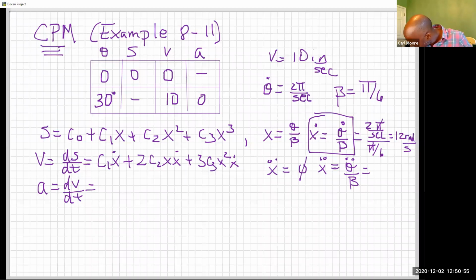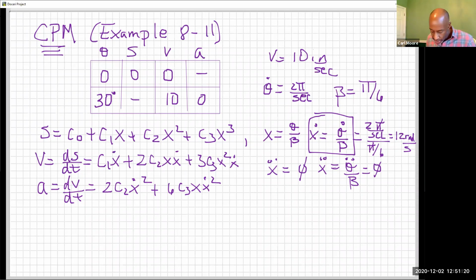So we have 0 for x double dot. And so for A, we'll have a 2C2 x dot squared plus a 6C3 x x dot squared. And so we have a S, B, and A equation here.